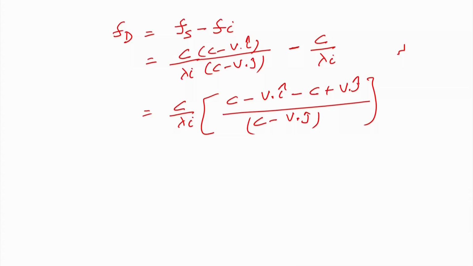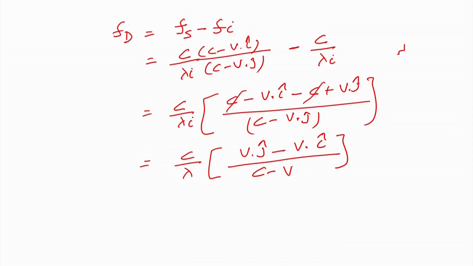This c will be cancelled out, and you can write it as c upon lambda I times v dot j minus v dot I upon c minus v dot j. So, we will get this value, and that is the Doppler shift in the frequency.